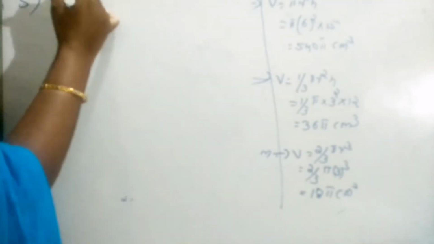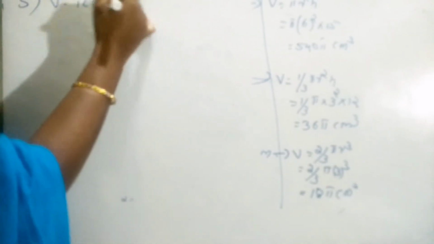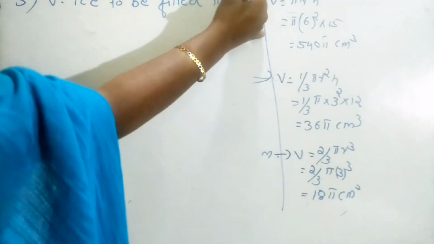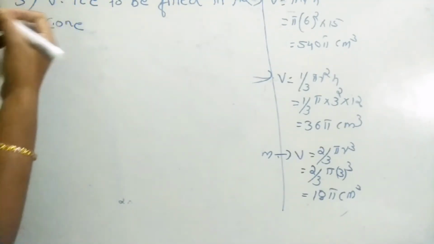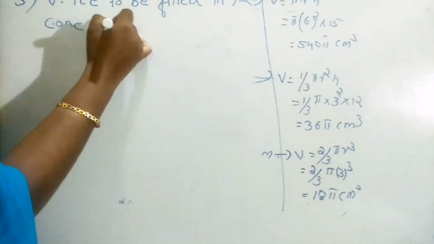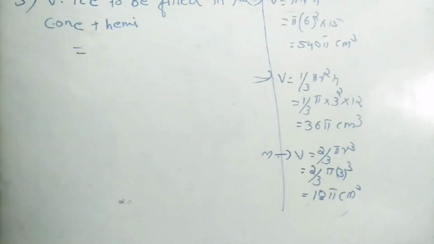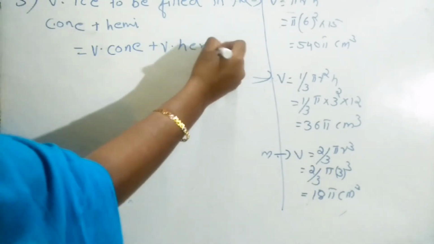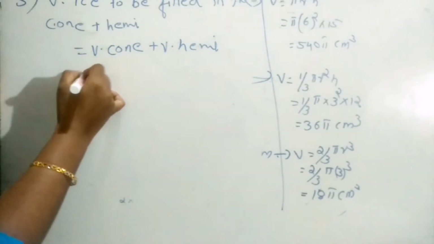The volume of ice cream to be filled in a cone with a hemispherical end is equal to the volume of the cone plus the volume of the hemisphere.